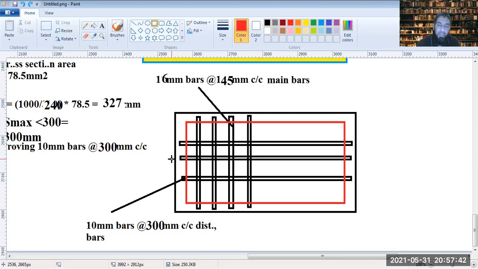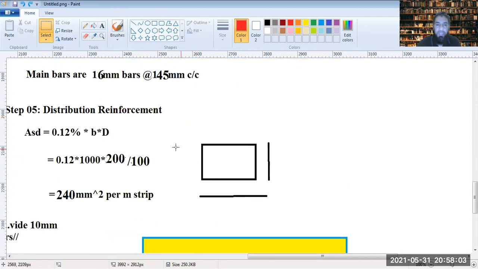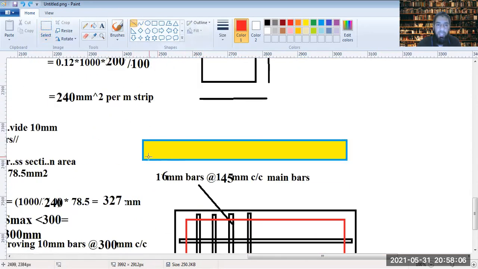Further, you can keep this just in order to check for tensile requirements towards the ends. Although this is a simple support condition towards the ends, the edges are simply supported, you still need to go for a certain amount of tensile reinforcement. What is happening is that there is a bar that is running somewhat like this towards the ends along the longer direction, for example, or in the shorter direction, whatever we take.